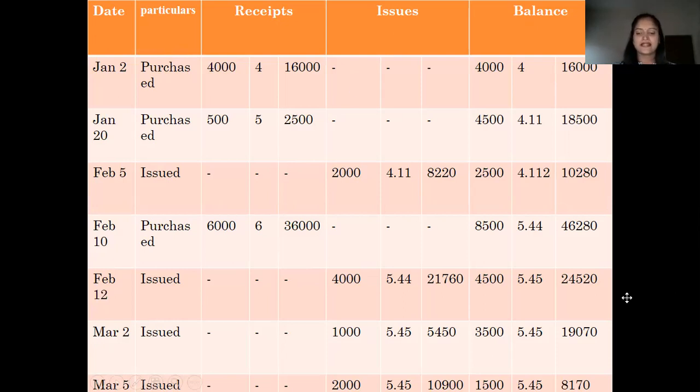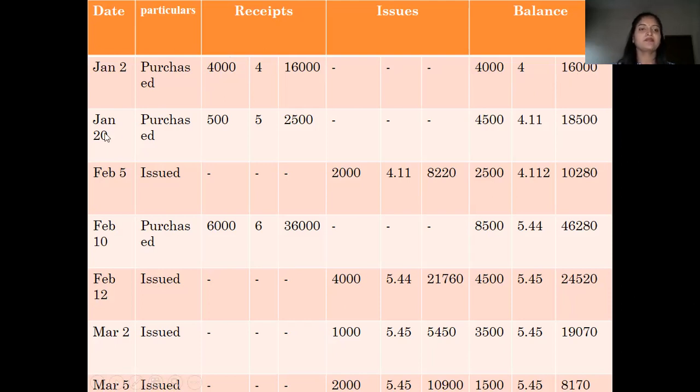On January 2nd, purchased 4,000 at the rate of rupees 4, amounting to 16,000. After the purchase, immediately go for the balance. We have 4,000 at the rate of rupees 4, amounting to 16,000.